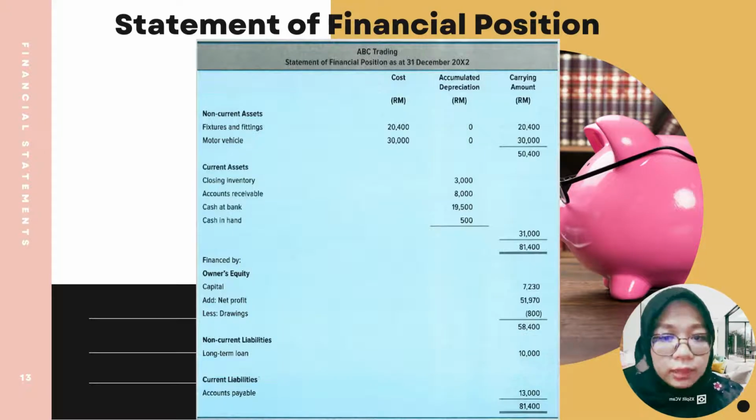Then owner's equity: start with the capital given, add the net profit that we calculated in the statement of profit or loss earlier, and then minus the drawing, if any, and you will get the total owner's equity. Then add non-current liability and current liability. The figure of this should equal the figure of non-current assets plus current assets.